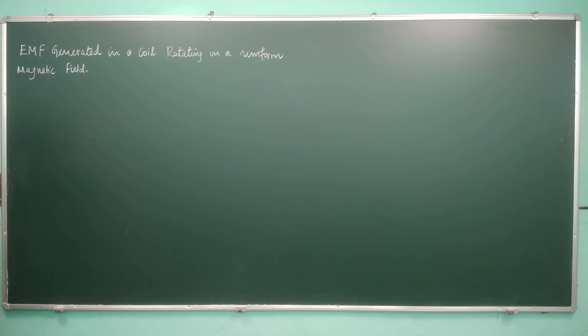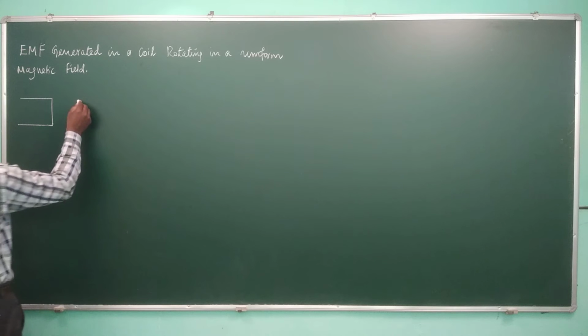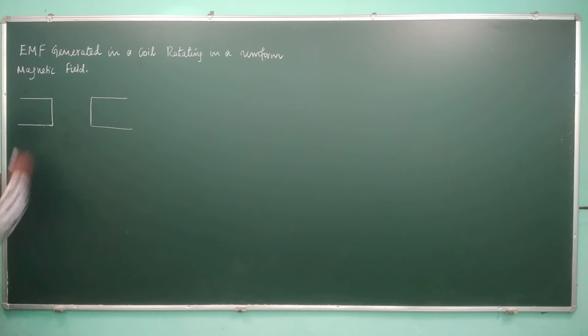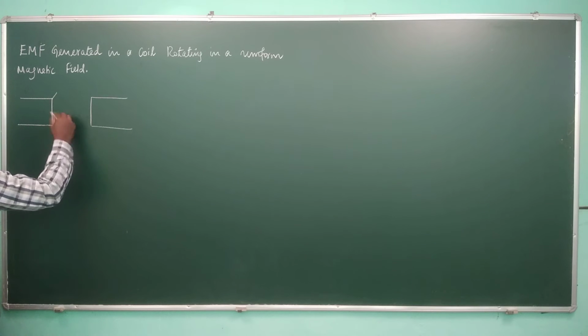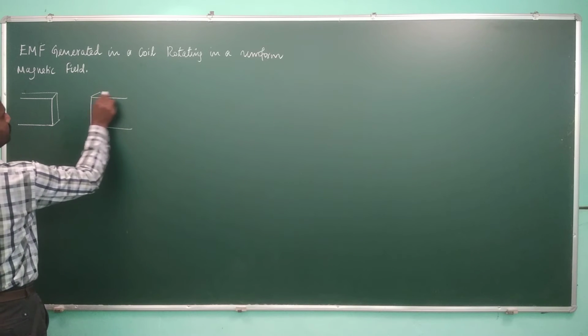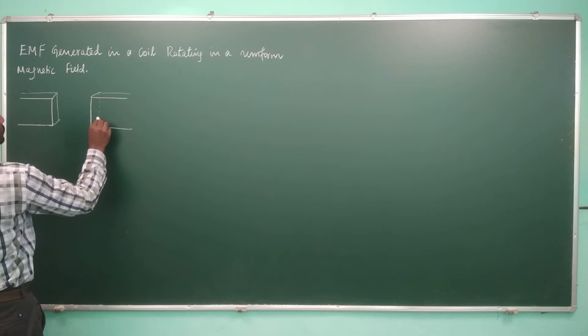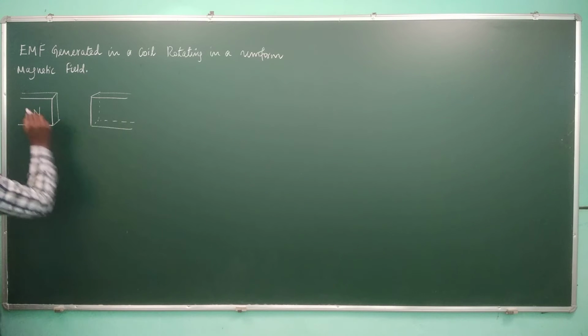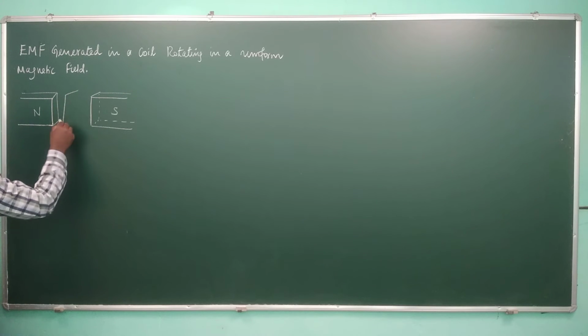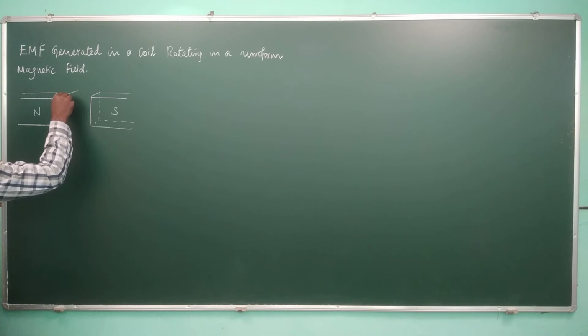So, what is the experimental situation? We have a magnetic field, with a north pole and a south pole, and we place a rectangular coil.